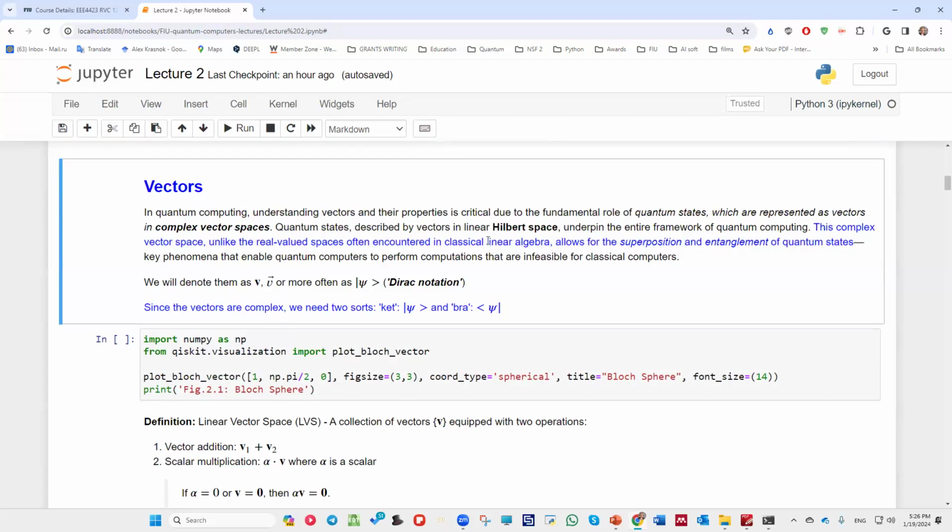So I said that the vectors are in the Hilbert space, the space we will use for quantum, which is a complex valued space. So we need two sorts of vectors, and for example, in Dirac notation, we can write them with the angular bracket pointing to the right, and the inverse way, when the bracket points to the left.